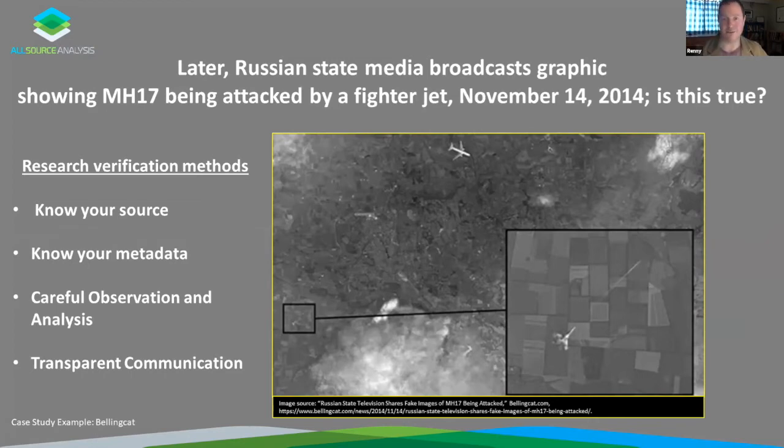But let's follow that a little further. To catch on an image, 1 second in time, a fighter jet shooting something at another aircraft that's also on the image, would be even more coincidental and difficult to do. Then, one step further, the idea that this aircraft being fired at is not just any passenger airliner, but MH17, the one that is in the news, would be really incredibly coincidental, straining any kind of credibility.